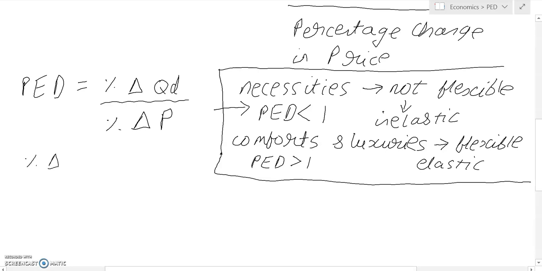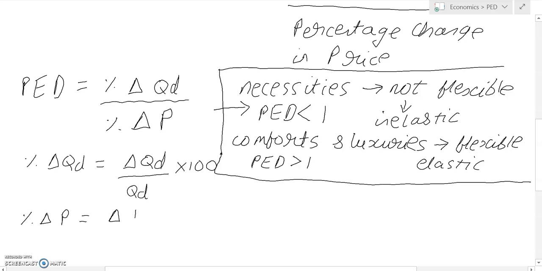Percentage change in quantity demanded can be expanded as change in quantity demanded upon original quantity demanded into 100. Similarly, percentage change in price is equal to change in price upon original price into 100.